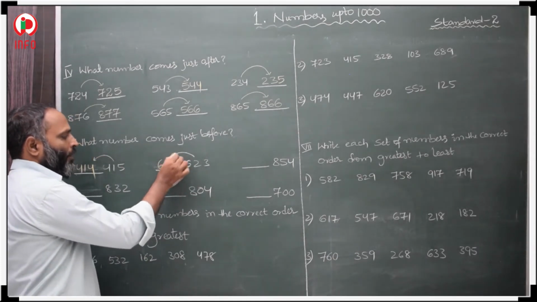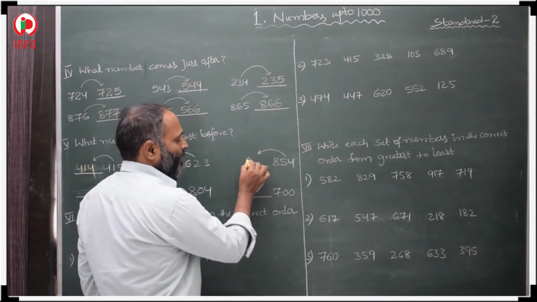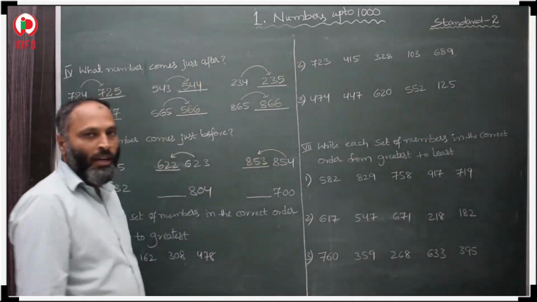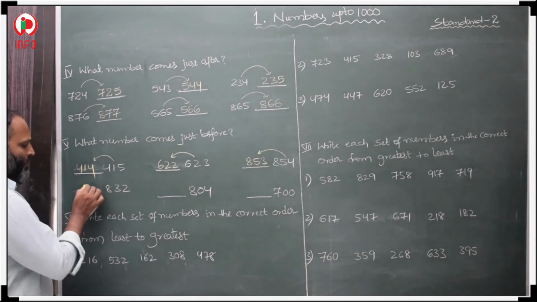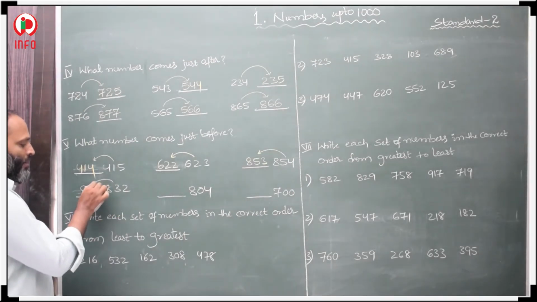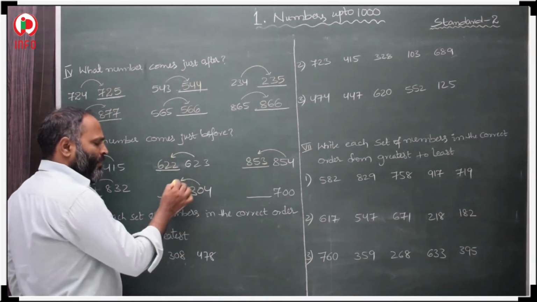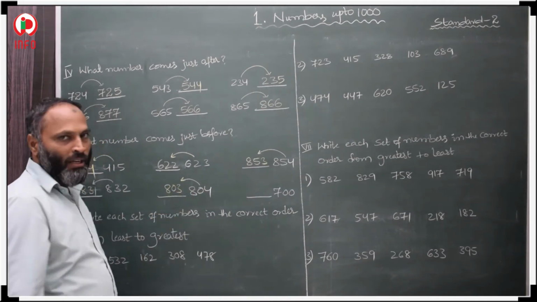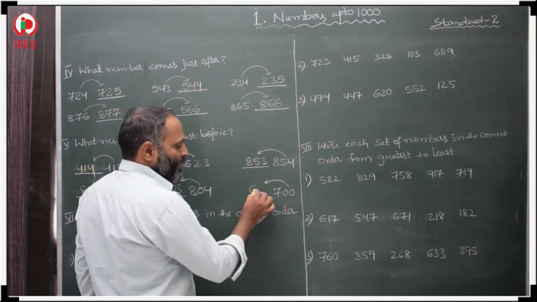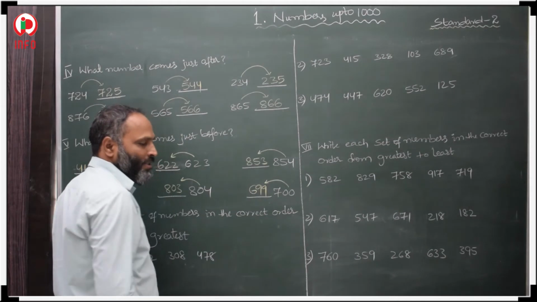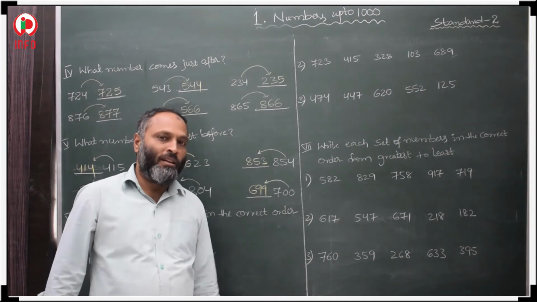These are before numbers, just before numbers. 854, just before number is 853. 832, just before is 831. 804, just before is 803. 700, the just before number is 699.